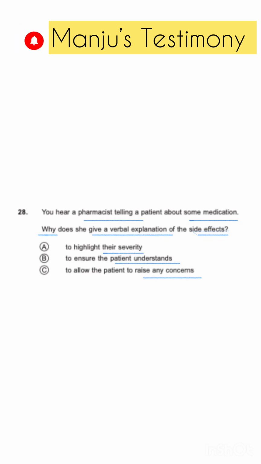So we have to keep the overall meaning of the question and possible answers in our mind while listening to the audio. So the pharmacist is talking to a patient about a medication side effect. So we have to see why the pharmacist is giving a verbal explanation, to highlight their severity or to ensure the patient understands well or to allow the patient to raise any concerns.